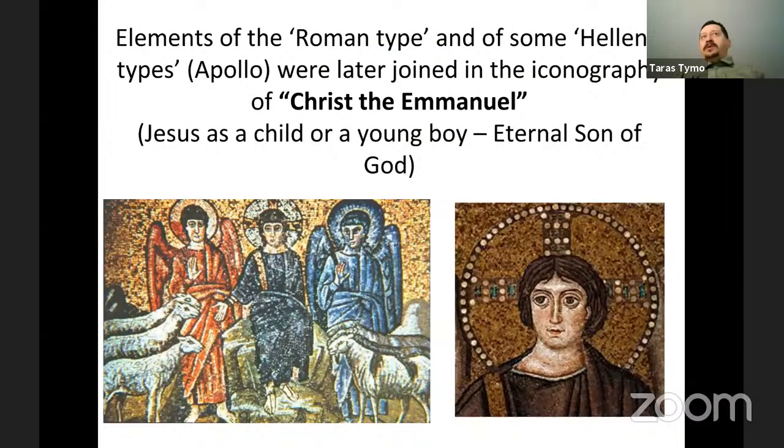So the elements of this Roman type and some elements of the Hellenistic types, like Apollo, contribute to the later traditional Byzantine iconography of Christ the Emmanuel, of the young Christ, looking as a child or as a boy. It can be from infant to a teenager, basically.